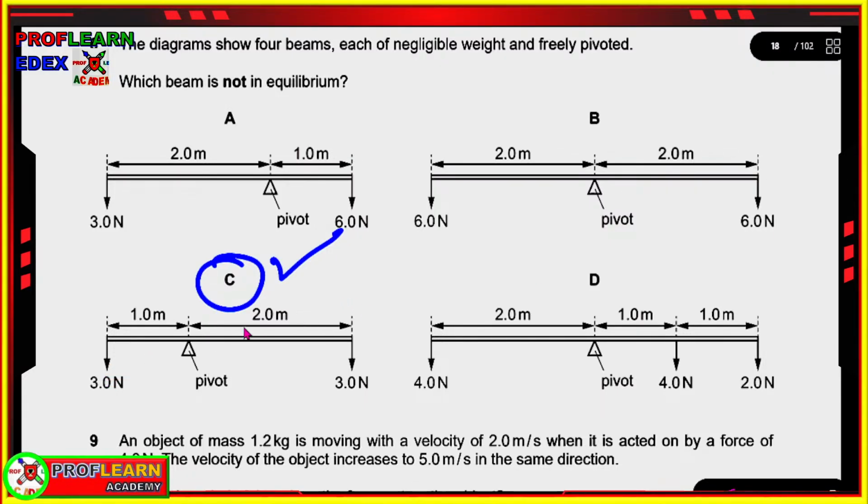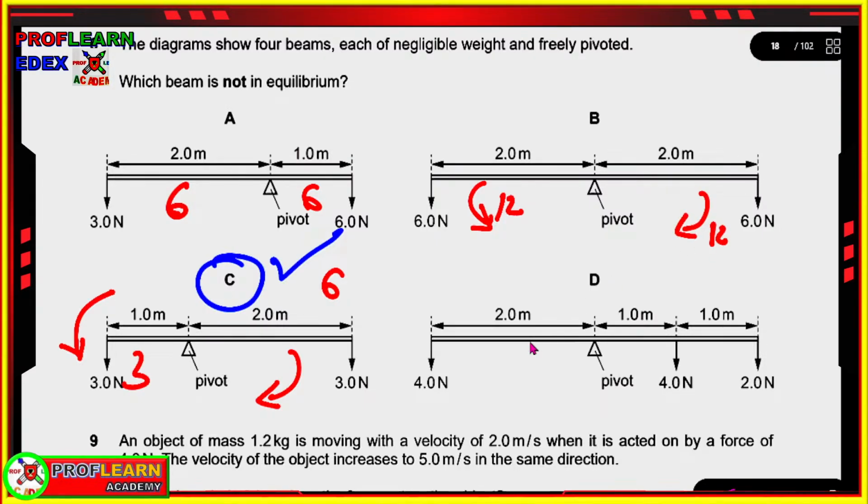The clockwise moment should be equal to the anti-clockwise moment. For C, the clockwise moment is 2 times 3, that is 6, and the anti-clockwise moment here is 3. So this is not balanced. But if you look at A, for instance, this and this will be 6, this and this will be 6. This one gives us 12 anti-clockwise moment, and this one gives us 12 clockwise moment, balanced.